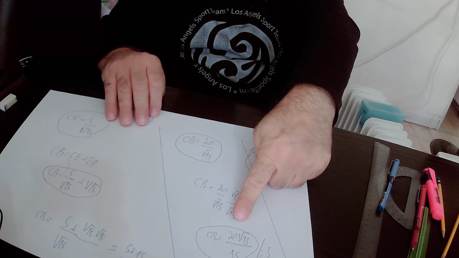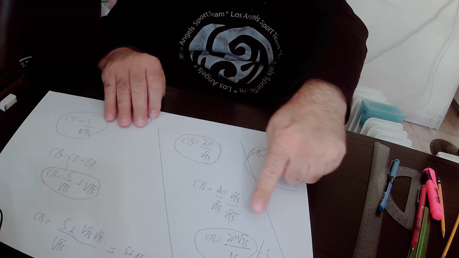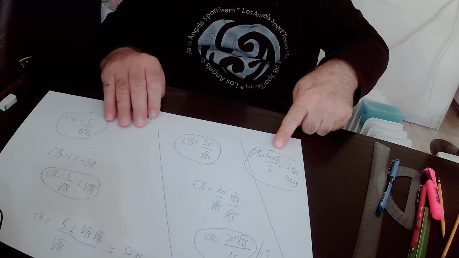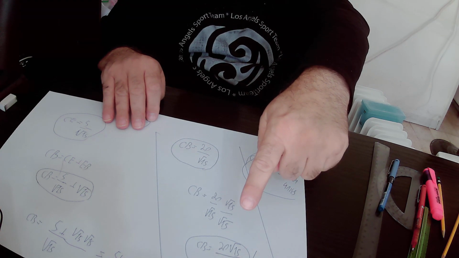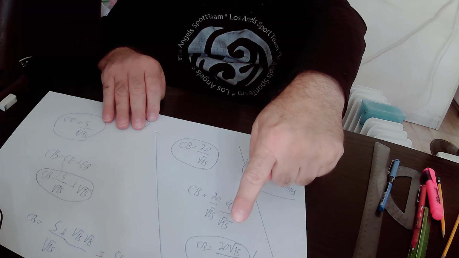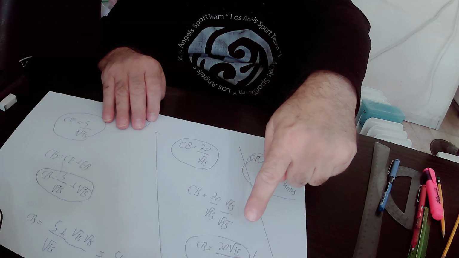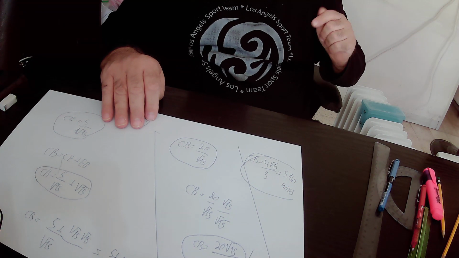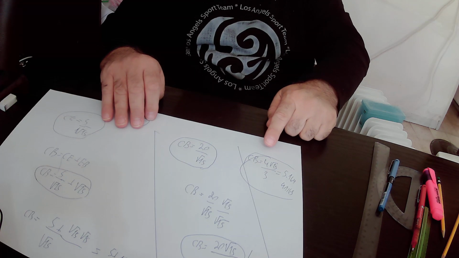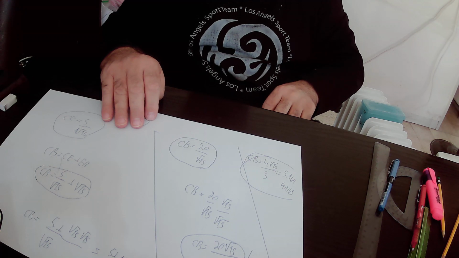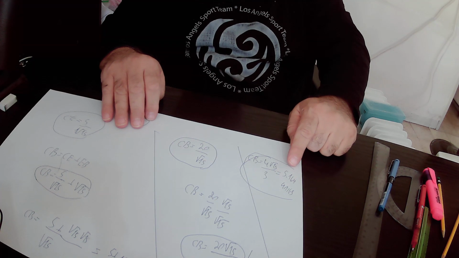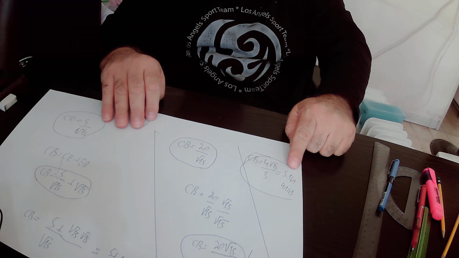Here 20 over 5 is 4. So in the numerator we have 4 times the square root of 15. And then we divided the denominator 15 by 5. 15 over 5 is 3. So in conclusion, CB equals 4 times the square root of 15 over 3, or in terms of numbers, it equals 5.164 units.